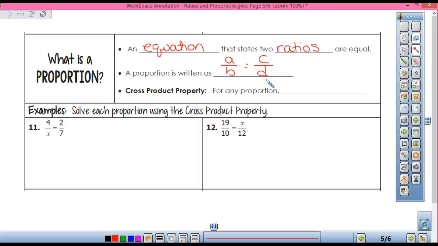Yeah, cross multiply, right? So AD equals BC. So multiply across here. 4 times 7 is 28 equals 2x.